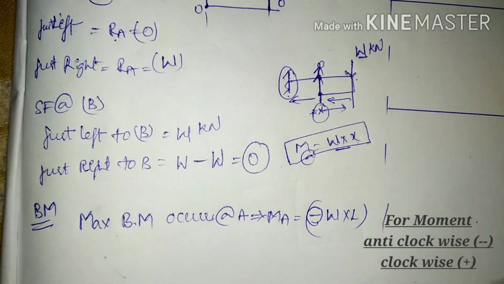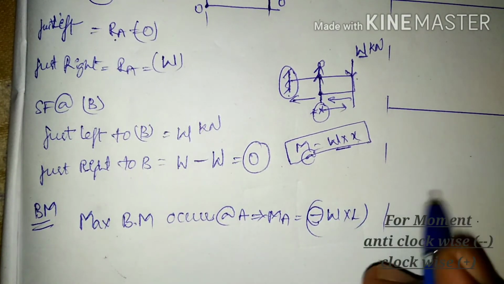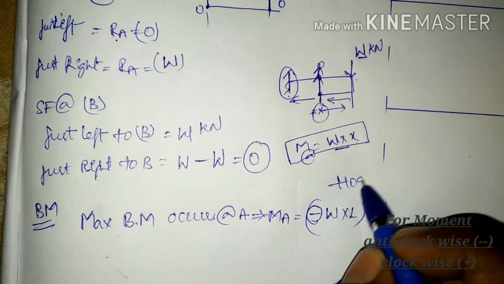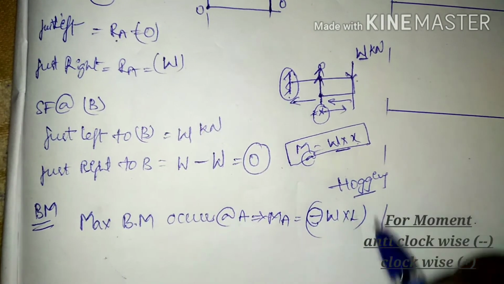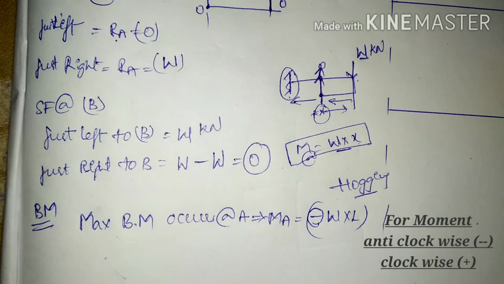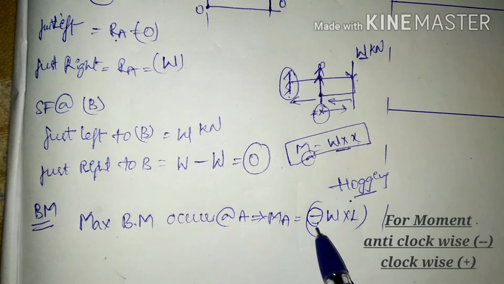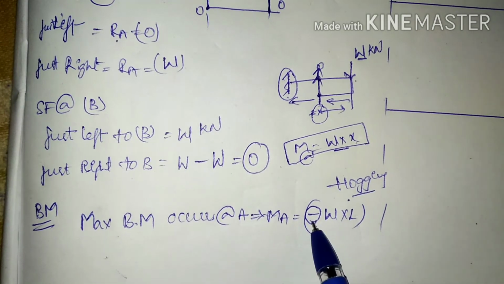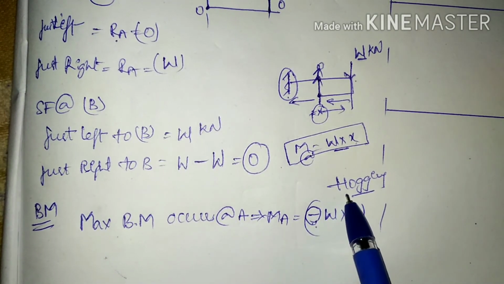Because for all cantilevers the bending moment is hogging. For all cantilevers subjected to point load, UDL or UVL, it is only hogging. The bending moment should be in the negative direction. That can be called hogging.